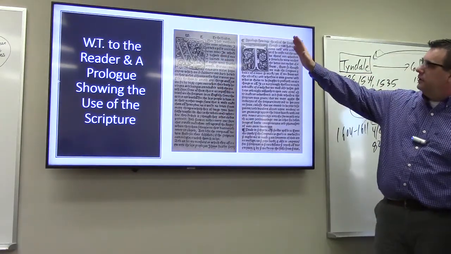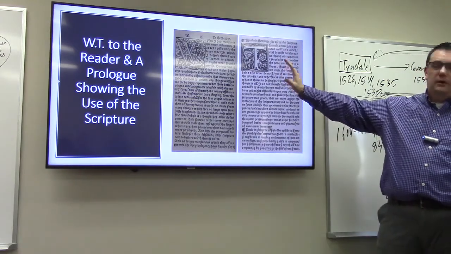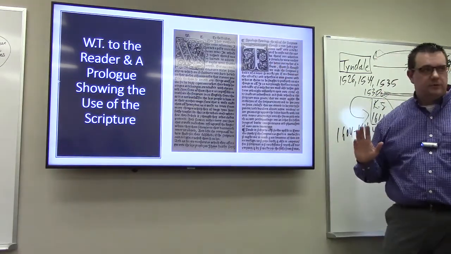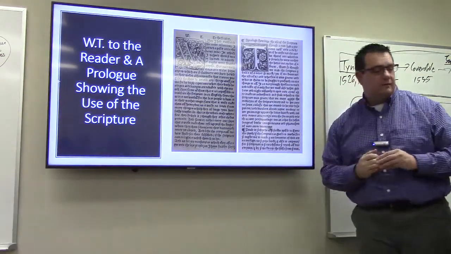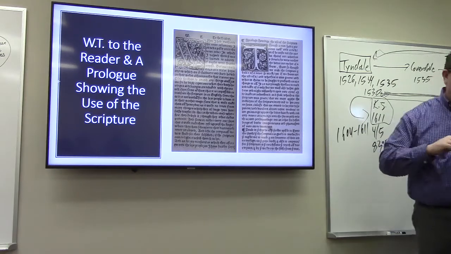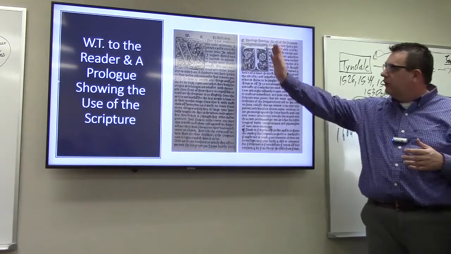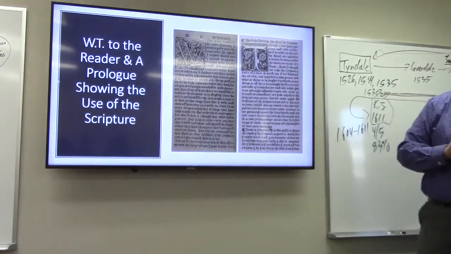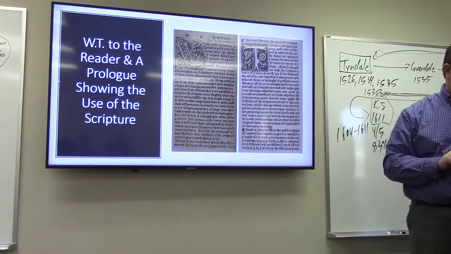And then this page shows his prologue showing the use of Scripture, where he deals with and explains how Scripture is supposed to be used. And again, I took these images straight out of a 1530 Pentateuch. So in that, you would have William Tyndale to the reader, you would have the prologue on the use of Scripture, then you would have the first book of Moses called Genesis, so I'm reading from the list.